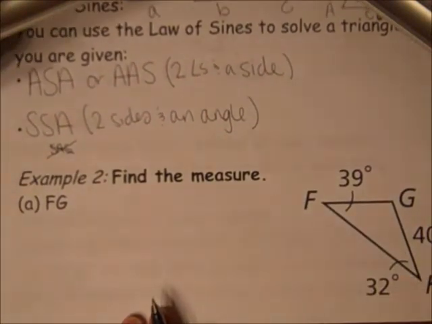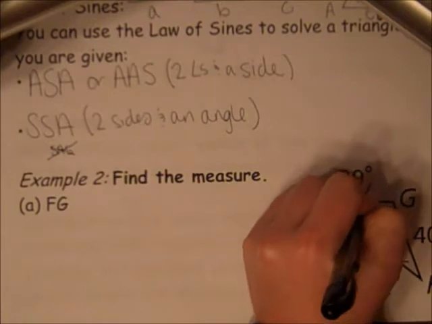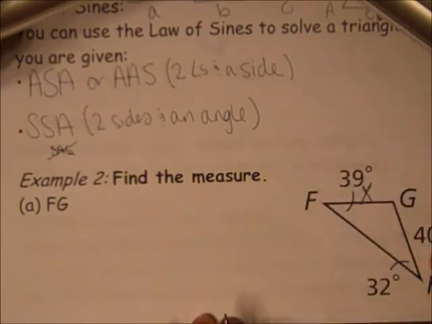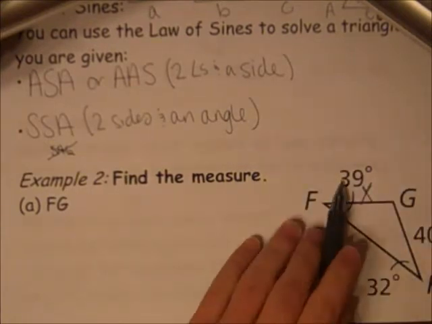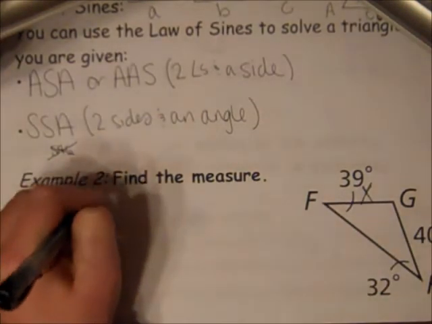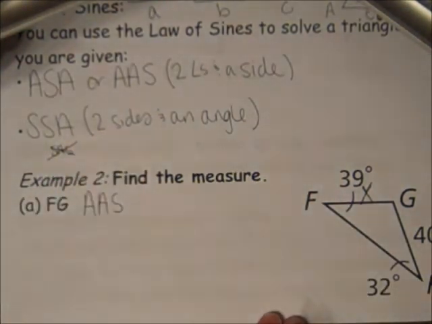Okay, so here we go. Let's look at this one. We are looking for FG, so I'm going to call that X. What I'm given here is angle angle side, so I know that's going to be law of sines. So I'm going to be setting up a proportion. I always start with the side and the angle that I know that are related to each other.